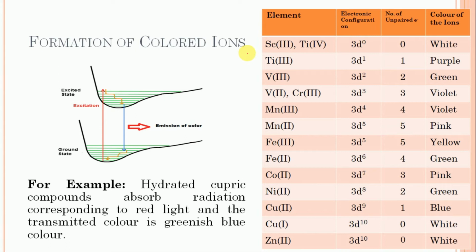Similarly, the rest of the elements possess different colors. The observed color of a substance is always the complementary color of the color which is absorbed by the substance.